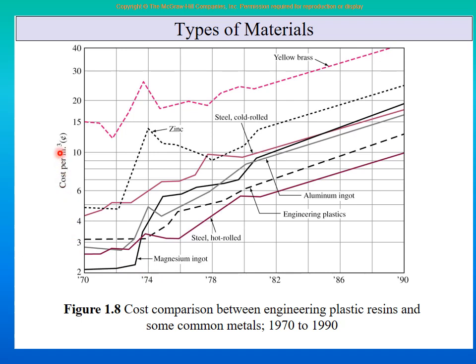Here it is the cost per cubic inch, which means cost per unit volume. So now this is a very good diagram. Metals, materials, how they grow: magnesium, steel, plastics, aluminums, other types of steels, zinc, yellow brass, right?